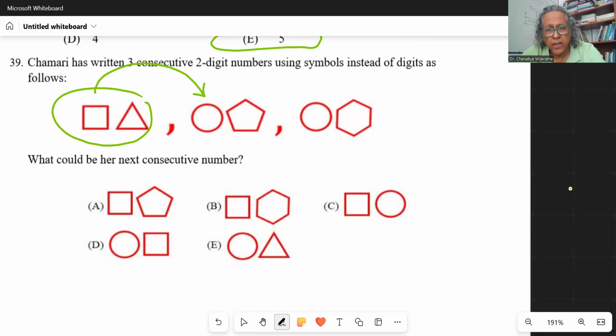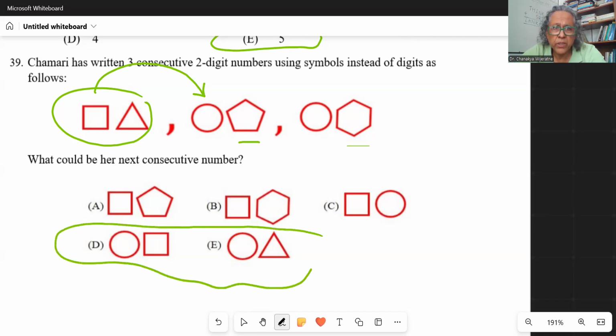Okay. And then this must be 1, this must be 2, right? And then you look at the answers which start with circle. We have only 2, right? Because the question is what could be her next consecutive number?